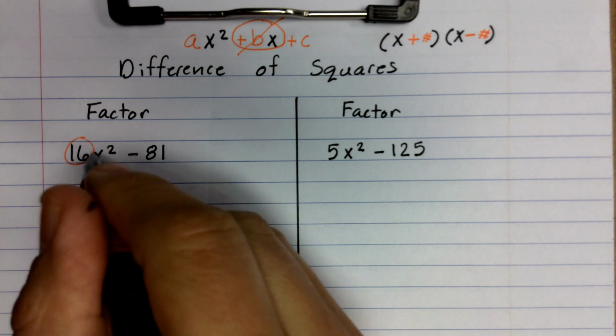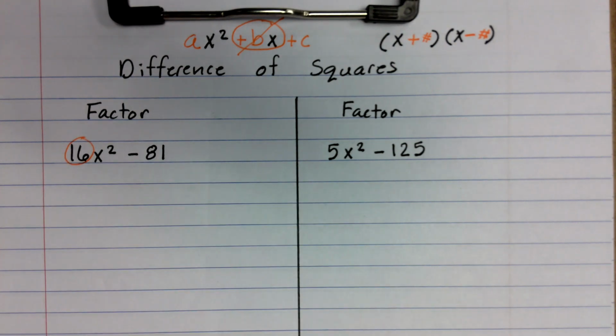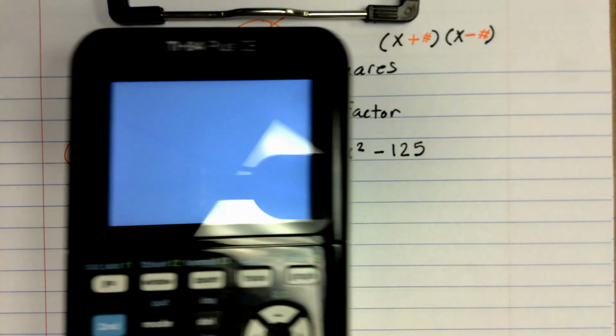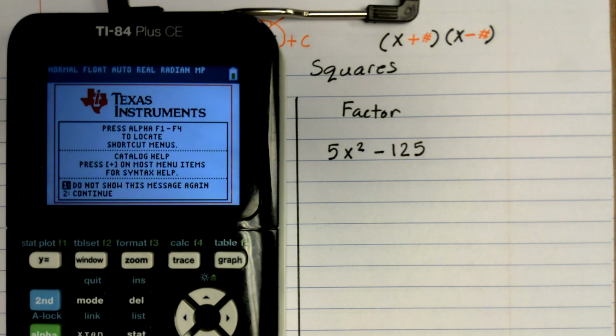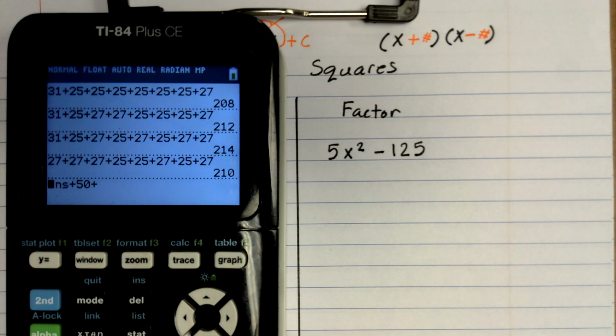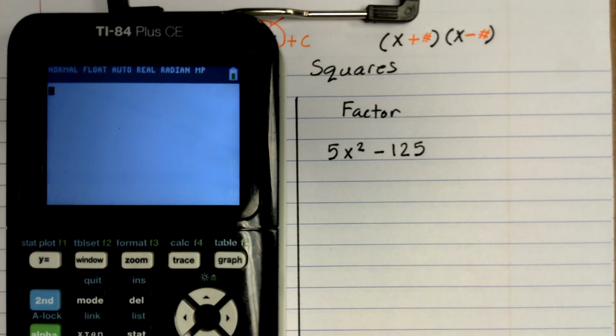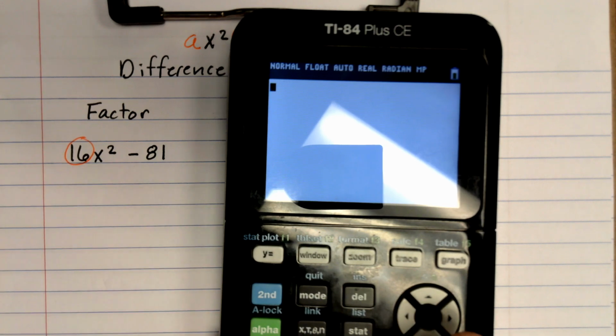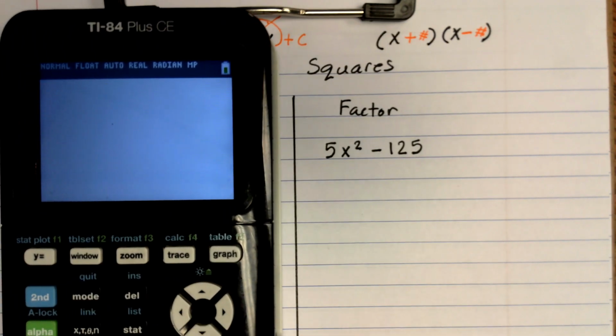If you don't know what numbers will make that a perfect square, you can use your calculator to check it. As I tell you in class, a lot of times I don't memorize all these math facts, but I know the processes on how to find my answer. So I'm going to take the square root of 16 and see, is that a perfect square?